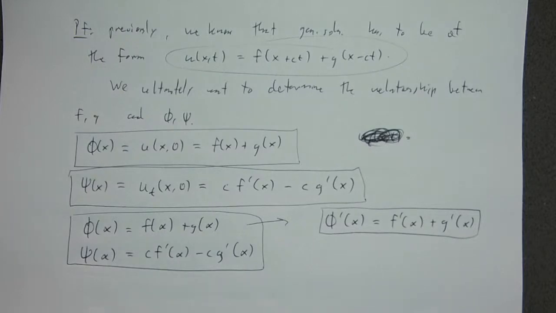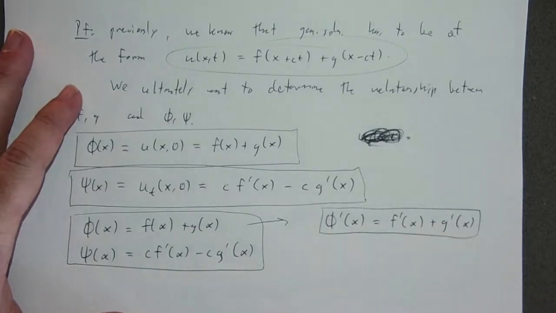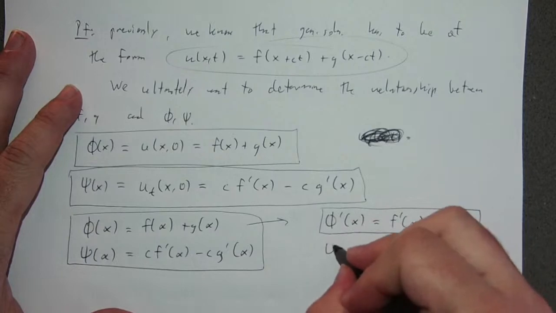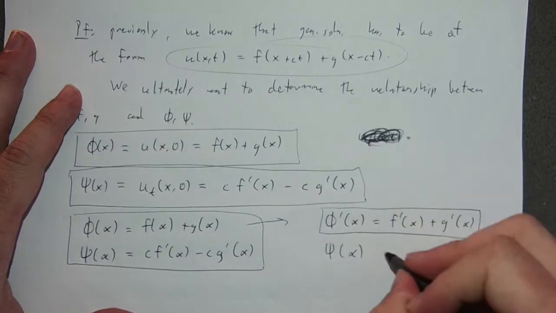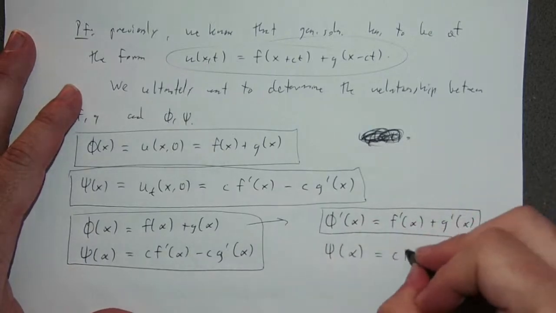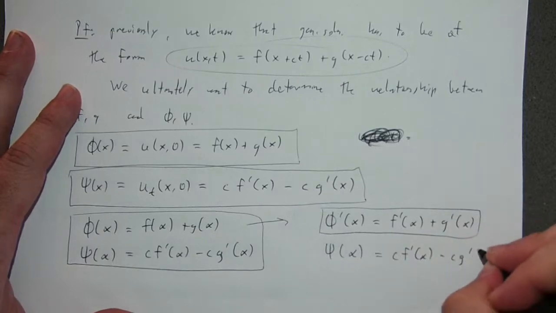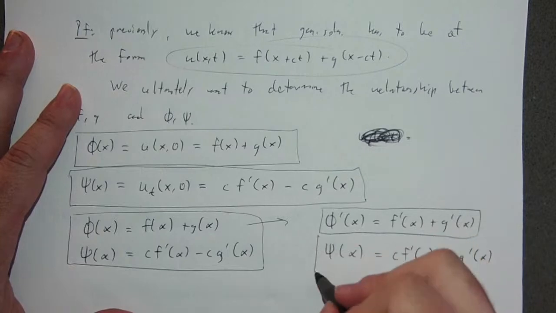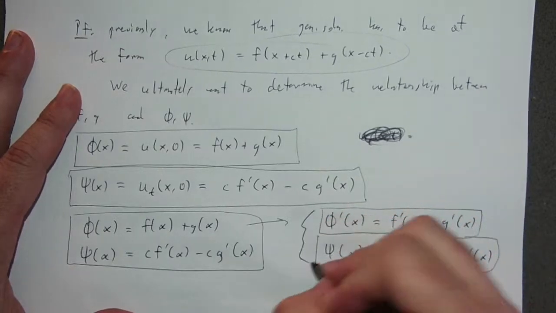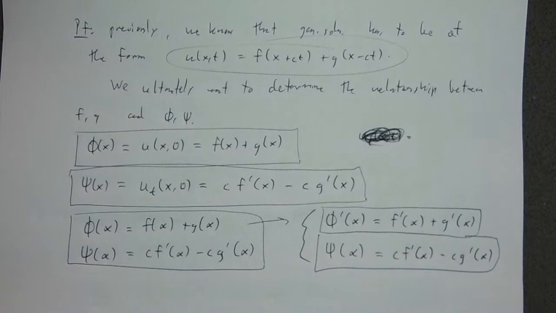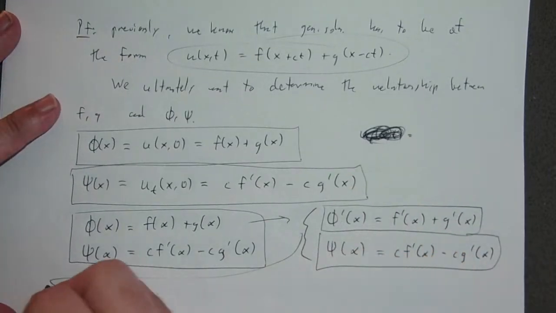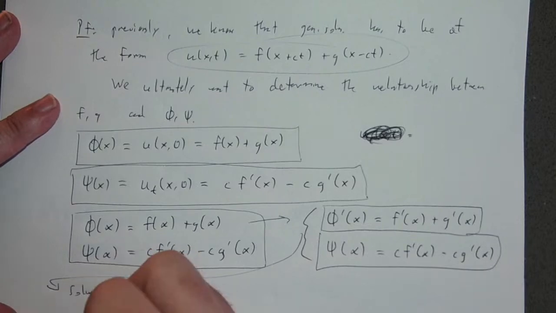But now I can actually solve this system for f prime and g prime. So if I rewrite this over here, c of alpha is c f prime of alpha minus c g prime of alpha. And so I now have a system. I want these two things to be simultaneously true. I want to solve this system for f prime and g prime.